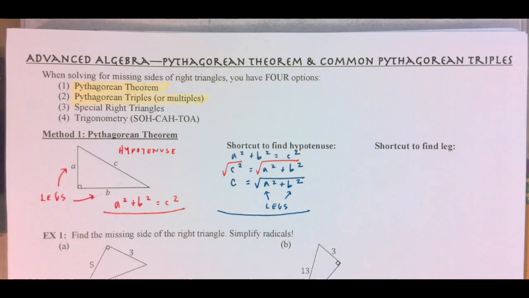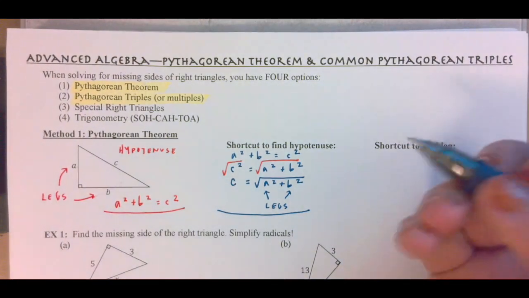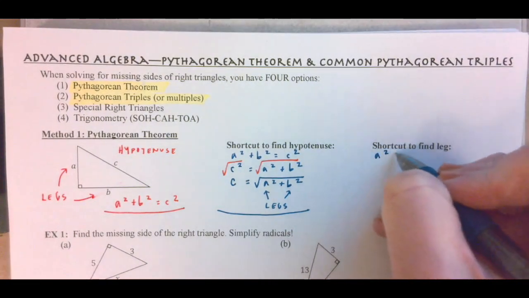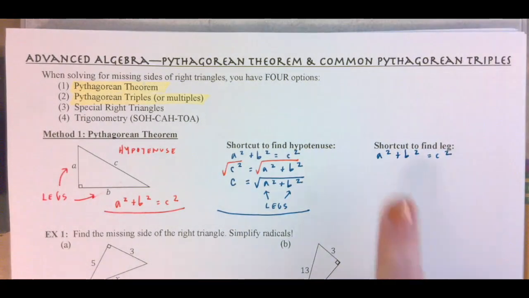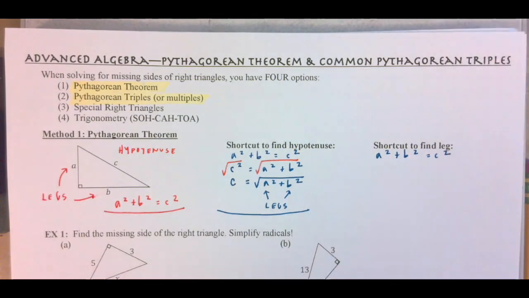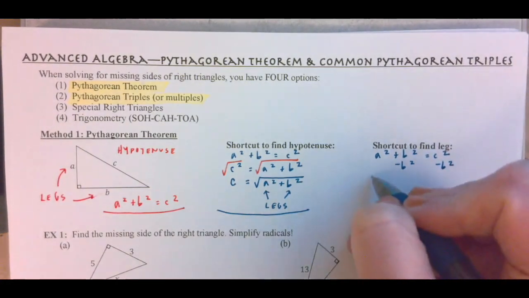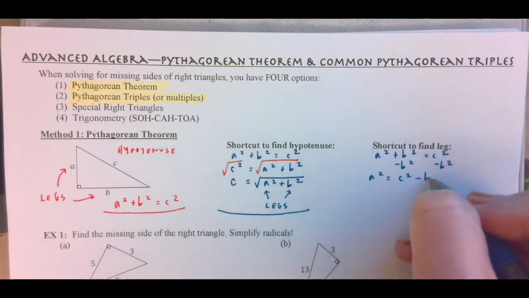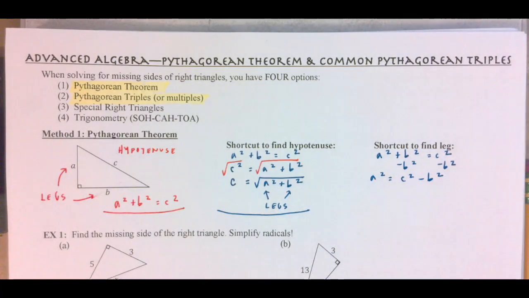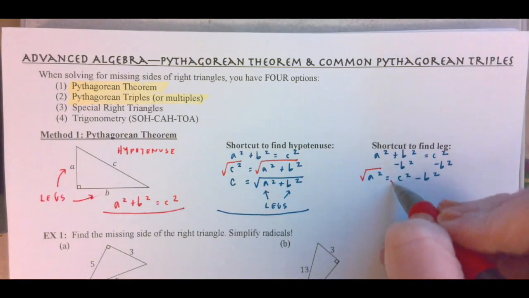If I want my shortcut to find a leg, I could be solving for either a or b. Let's say that I say a. So again, let me just rewrite the structure of Pythagorean theorem. And then I want to solve for the a component. So I'm going to subtract the b squared to the other side. So a squared equals c squared minus b squared. And then to unlock that square, I take the square root.